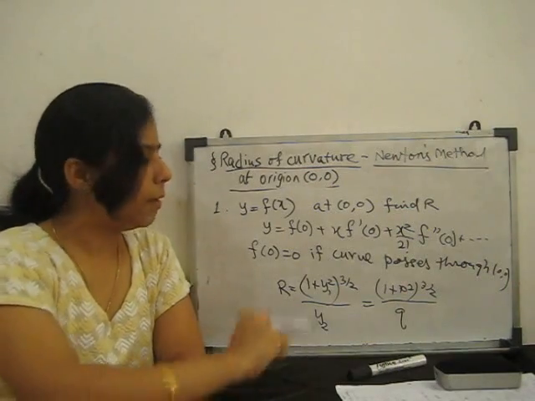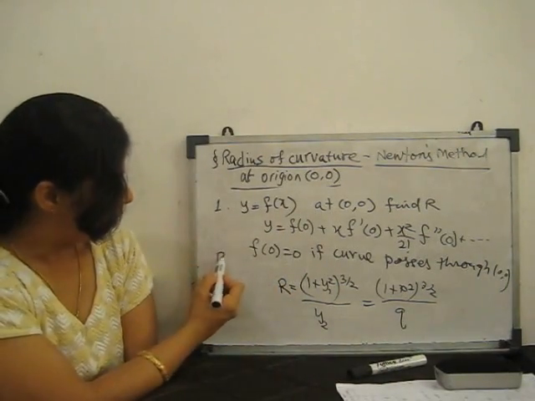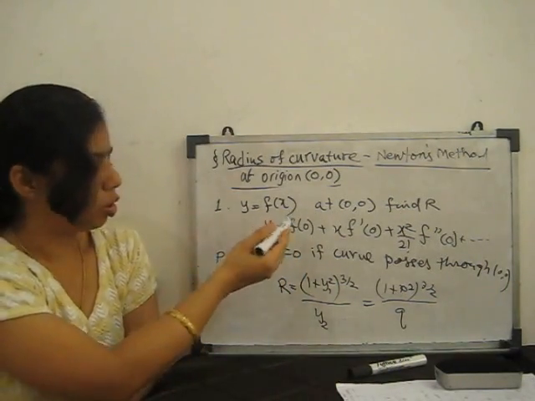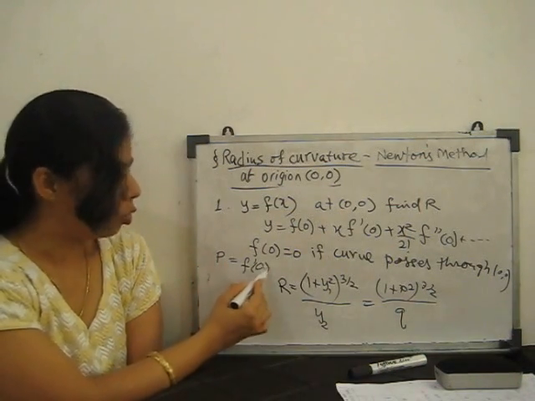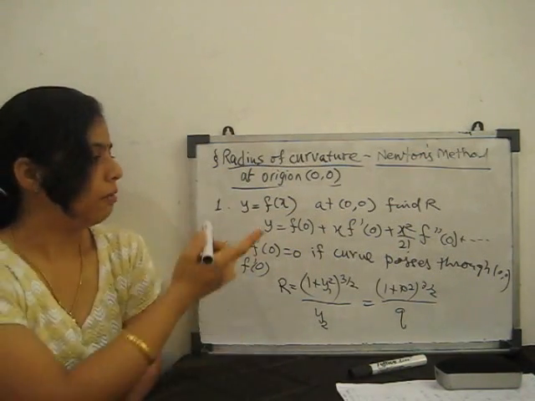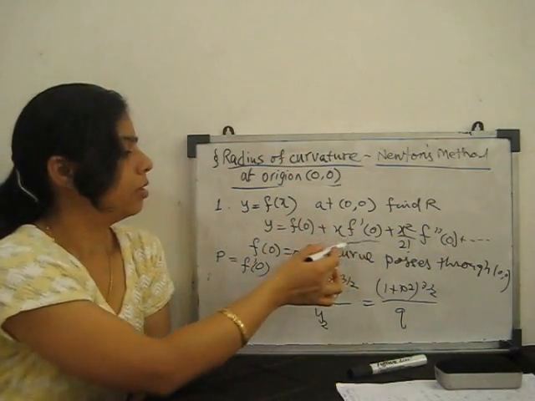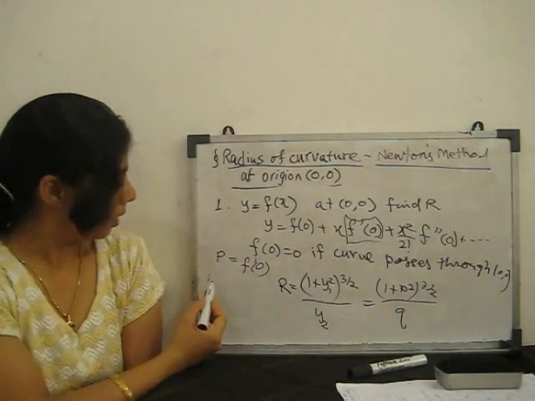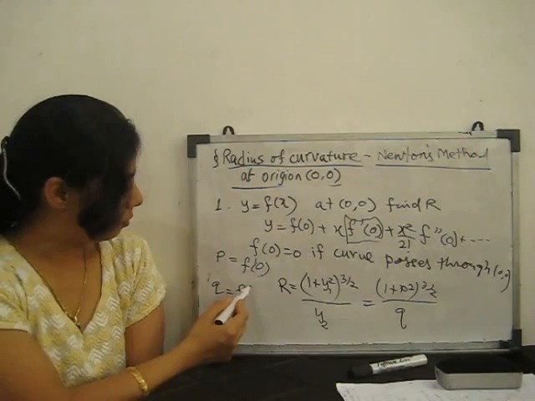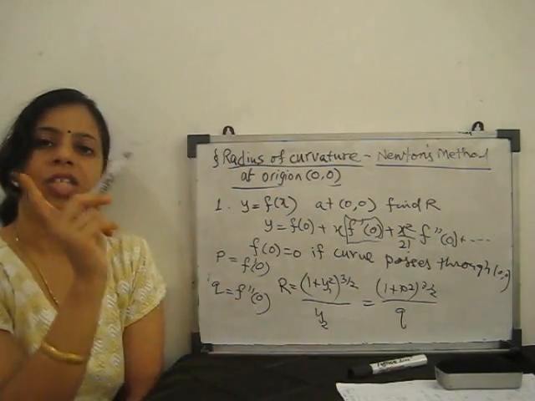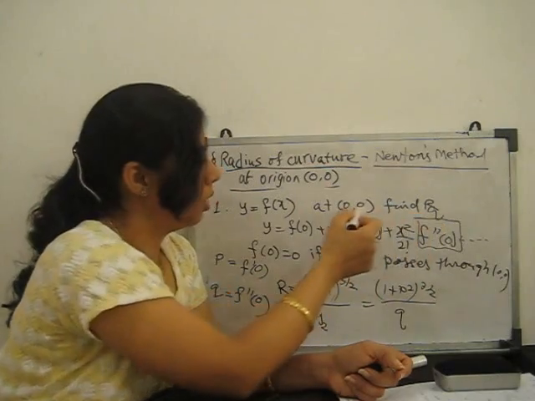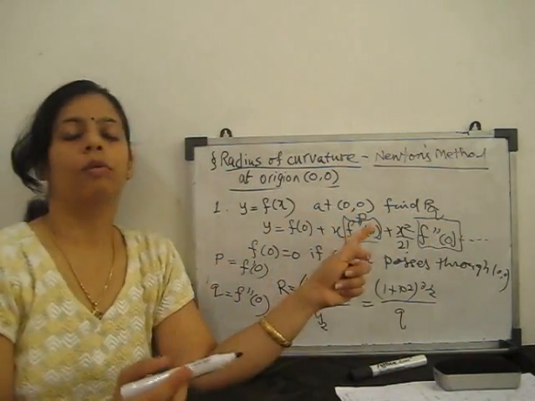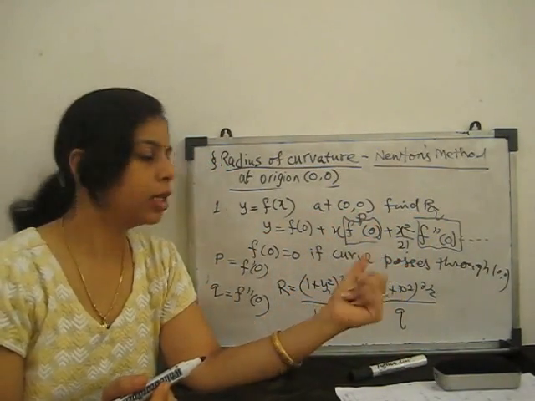So what is p? See here, with the help of this Maclaurin theorem, p is f dash of 0, or we can say y1 at 0, the first order derivative. This is our p. And what is our q? f double dash of 0, the second order derivative, that is our q. So we have to expand this. We have to find out the values of p and q.